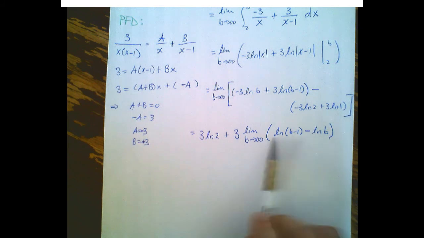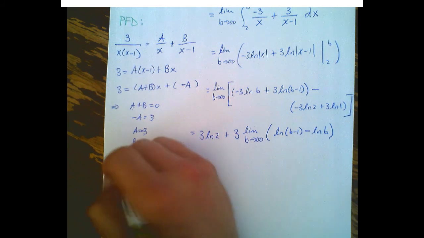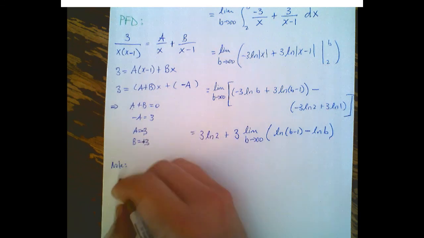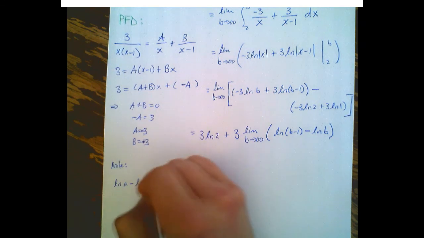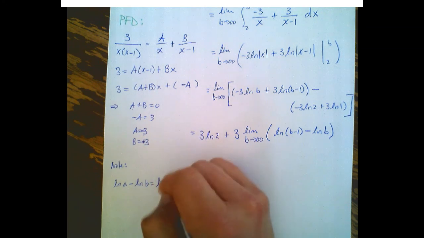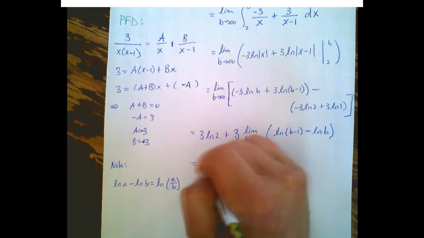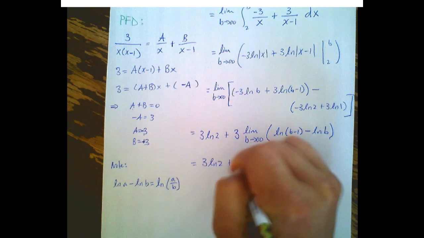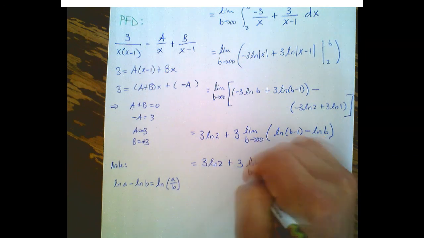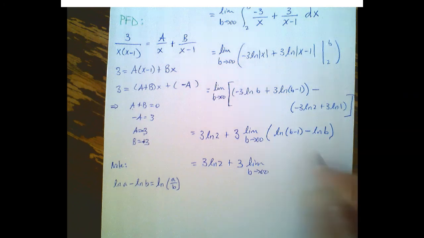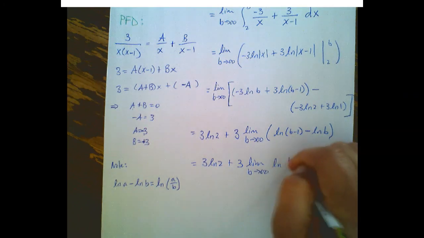So note that there's a property of natural logs that says the natural log of a difference is equal to the natural log of a quotient. This property is always true. So we can actually rewrite this limit as the limit of the natural log of b minus 1 over b.